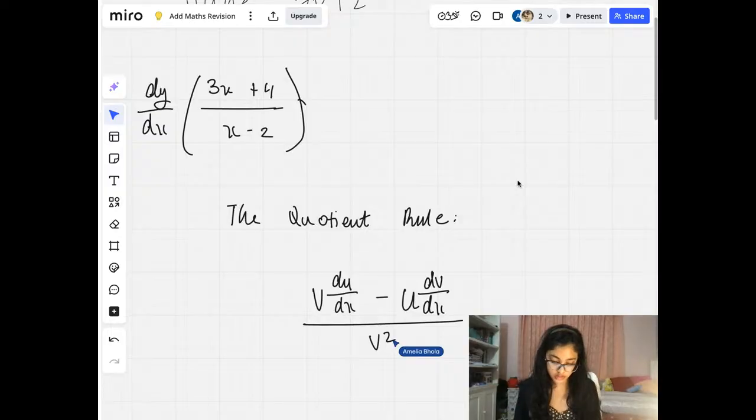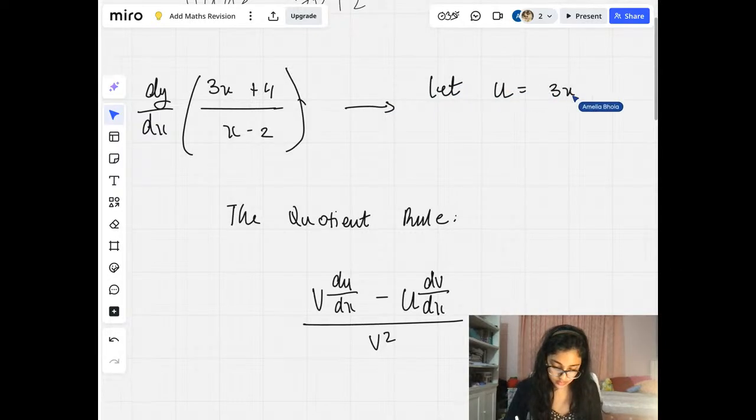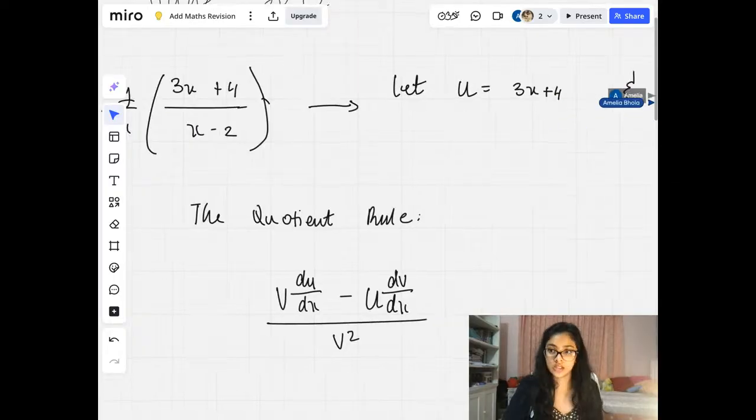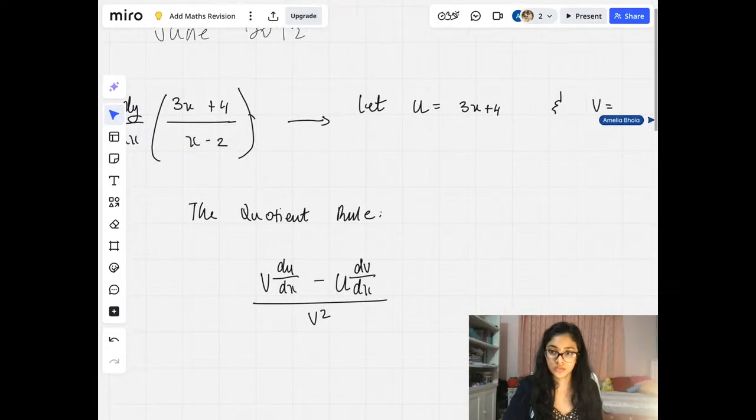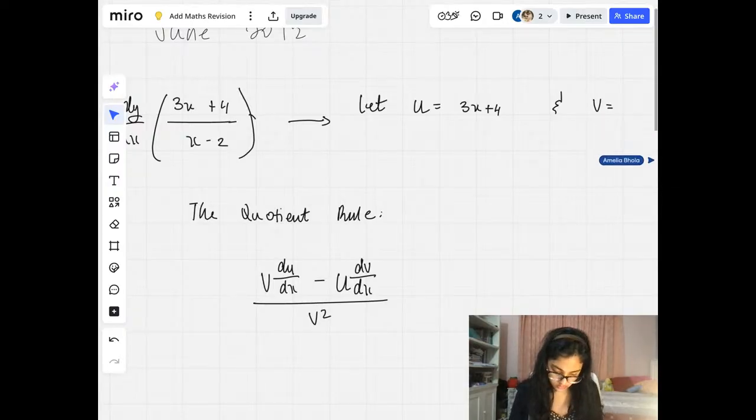Okay. So from this term over here, I have to let u equal to the top term and v equal to the second term, which is x minus 2.